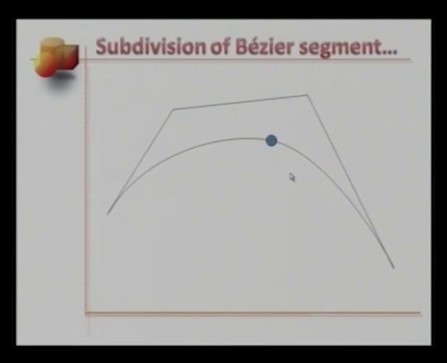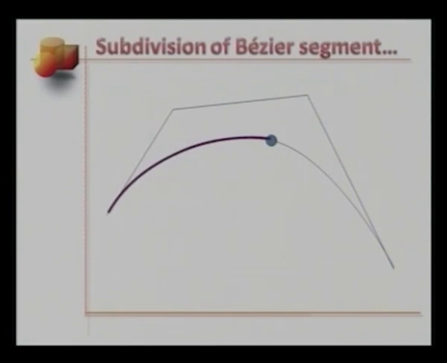As I mentioned before, you as a designer might want to change the shape of this segment locally without changing the shape of this segment, or you might want to trim a Bezier curve at this point, retain maybe this segment and eliminate this segment, or vice versa. Anyhow, you have many design choices.